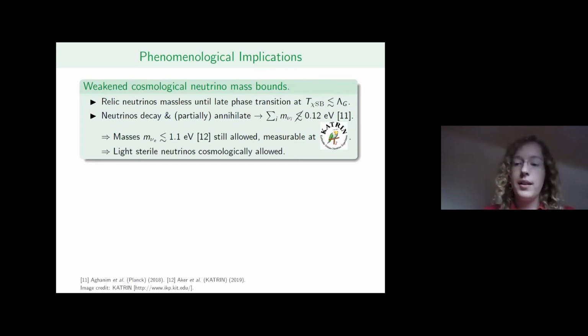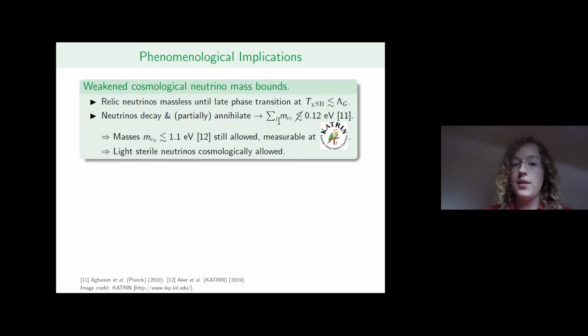And another aspect which is cosmologically relevant: if you add additional sterile neutrinos, you would get inherently small masses, so you would have light sterile neutrinos, and they would be cosmologically allowed, because usually you get into conflicts with a contribution to the sum of the masses, which is very strongly constrained, which isn't the case in our model.